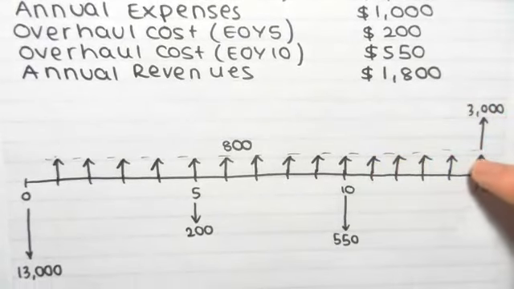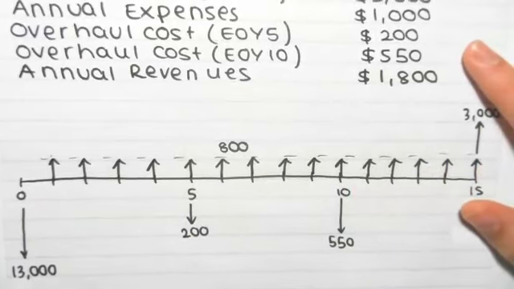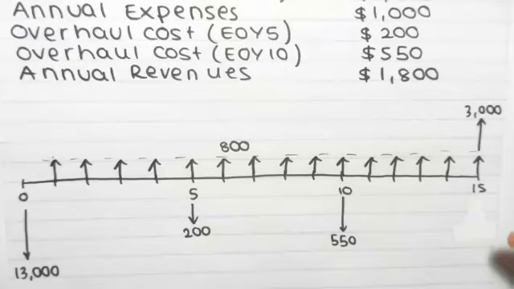So that's an $800 annuity, and we've got the $3,000 at the end of 15 years, which is our market value. Just remember to have these on the right side of your cash flow diagram, whether it's positive or negative. This represents cash coming in and this represents cash going out. That'll be important when you're determining your present worth or your net present value of a project.